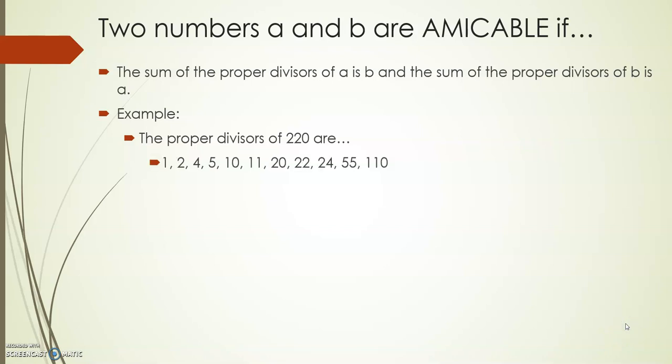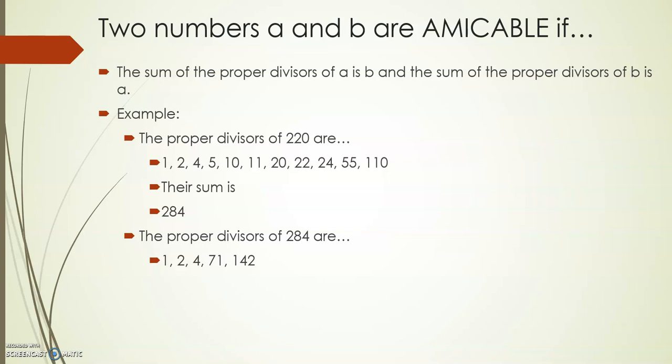1, 2, 4, 5, 10, 11, 20, 22, 44, 55, and 110. Their sum is 284. The proper divisors of 284 are 1, 2, 4, 71, 142.